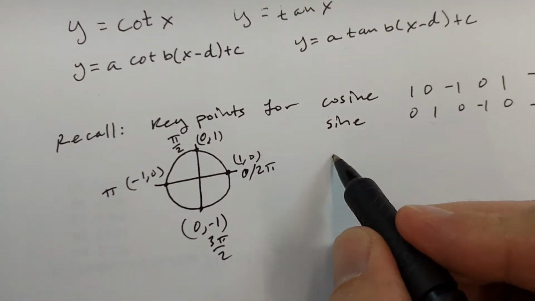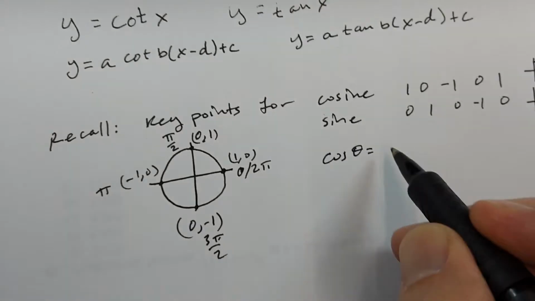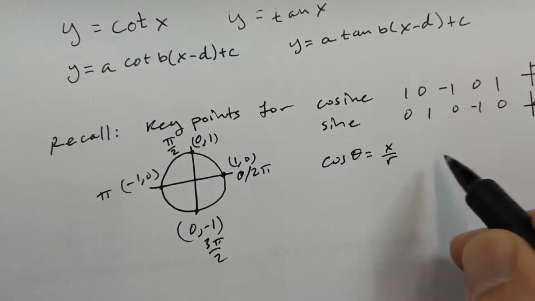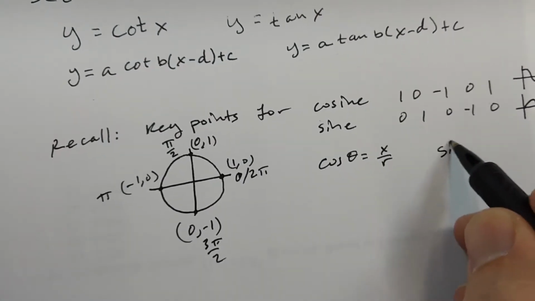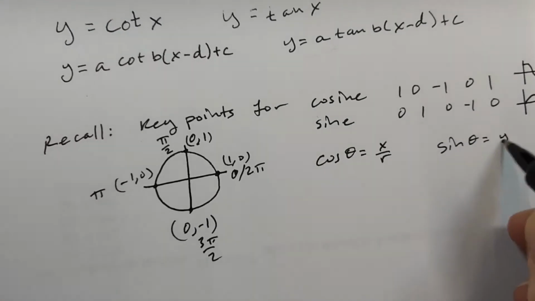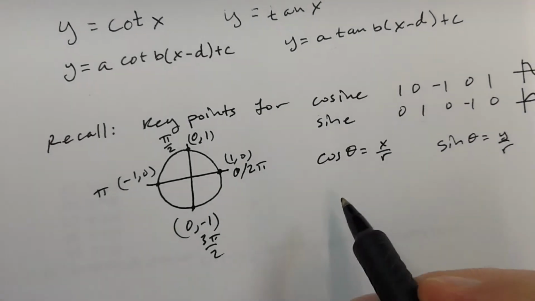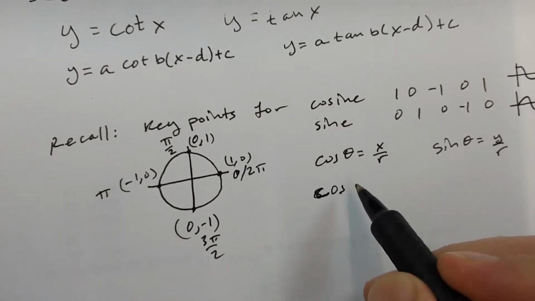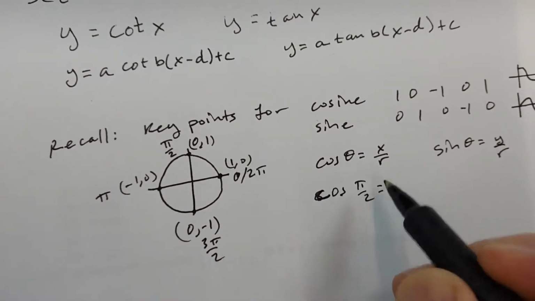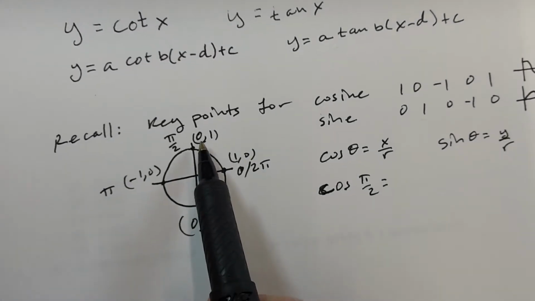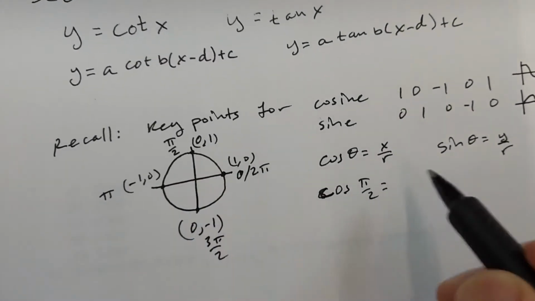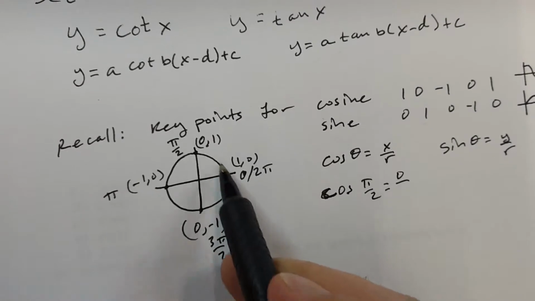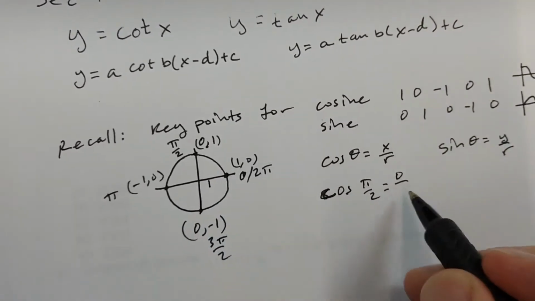So we recall that the cosine of our angle is given as x divided by r, while the sine of our angle is given as y over r. So we said the cosine of pi over 2 was equal to our x value here at pi over 2, which is 0, divided by the radius of this circle, which is 1.